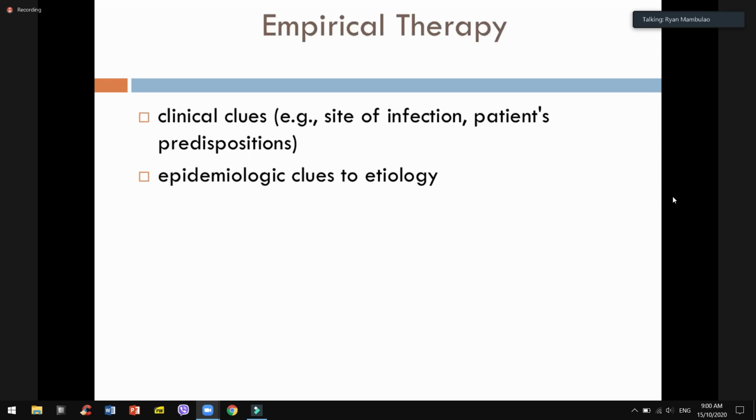Pag sinasabi mong empiric therapy, wala ka pang blood culture result. So, you start antibiotic. And pag lumabas yung blood culture na resistant siya sa ceftri, edi palitan mo. Most of the time, hindi pa sila resistant to vancomycin. Kaya, I just add ceftriaxone and vancomycin and then I wait for the blood culture.